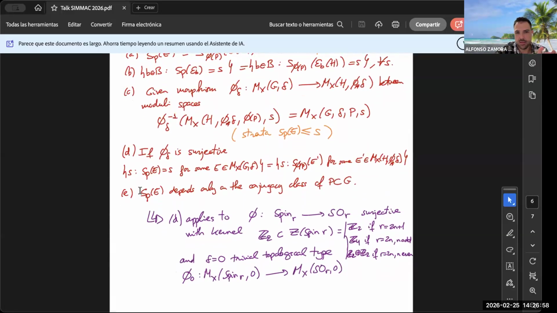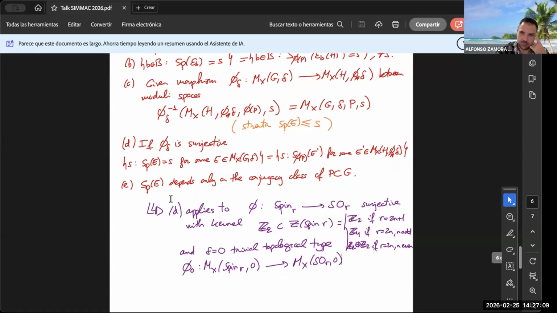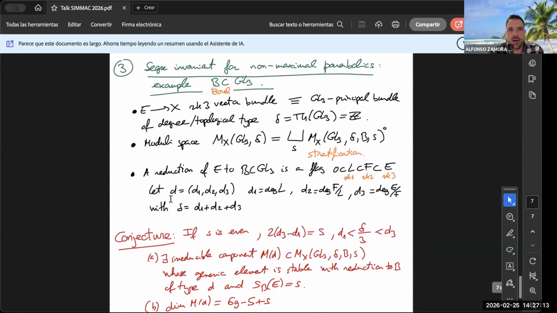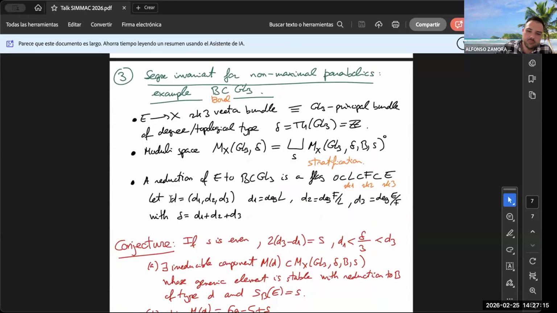Finally, the Segre invariant is an invariant of the conjugacy class of the parabolic. So if we conjugate the parabolic subgroup, then we find an invariant which takes exactly the same value. And let me just finish by saying that essentially all the things which are known before as particular examples are of maximal parabolics.